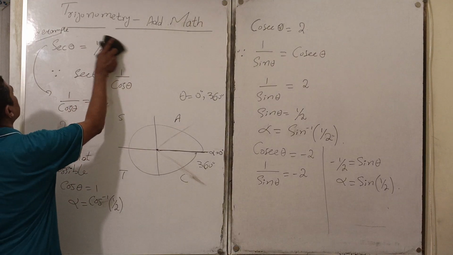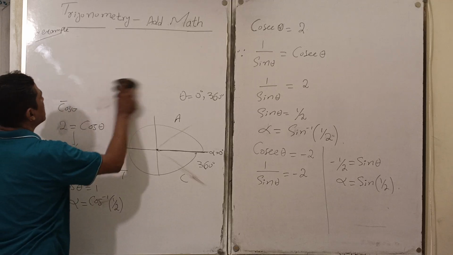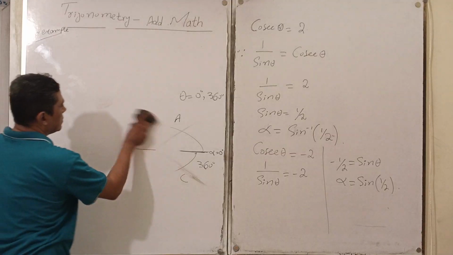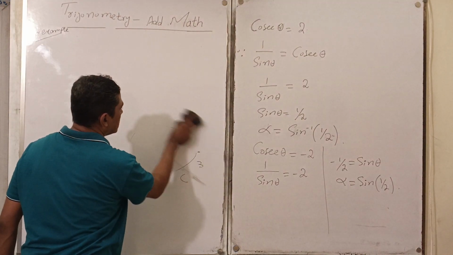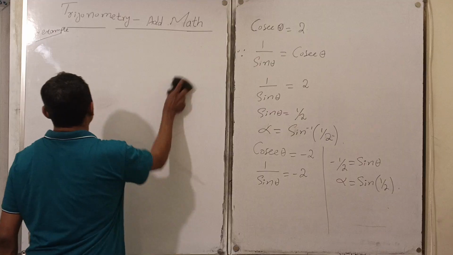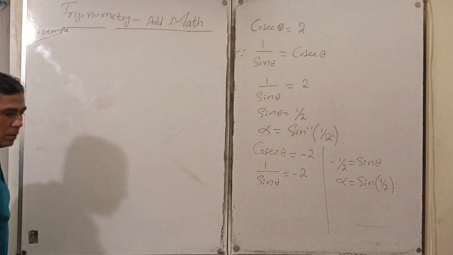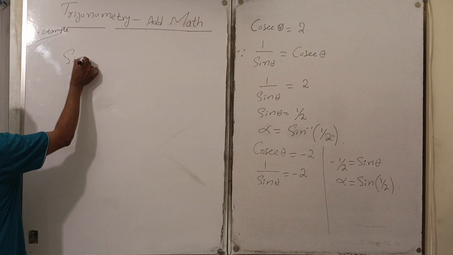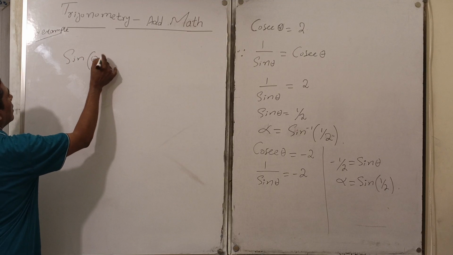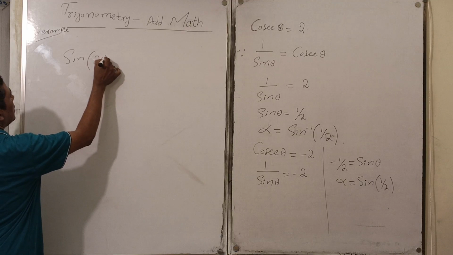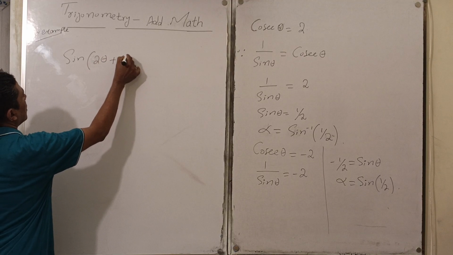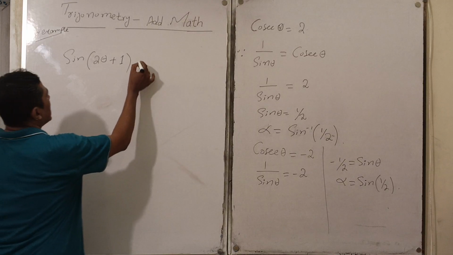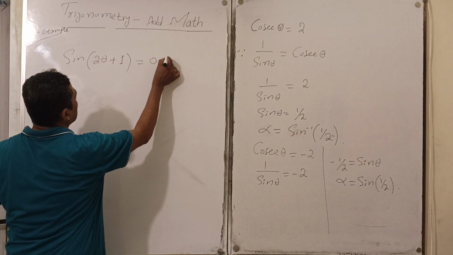Another important thing. For example, you will have sine of 2 theta plus 1, equal to 0.5.